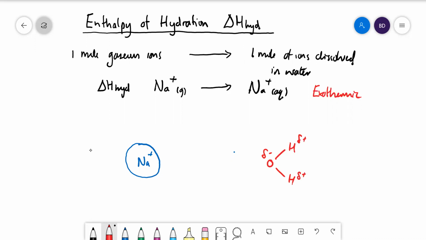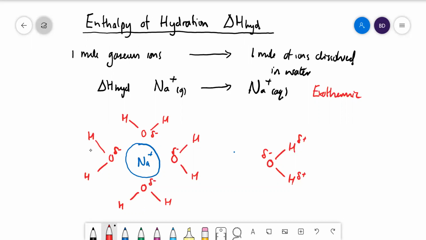So you're going to get loads of water molecules which are going to surround the sodium ion in that orientation. This is just drawn in 2D; it will be in 3D. And there's going to be a strong attraction between that delta negative oxygen and the sodium ion.